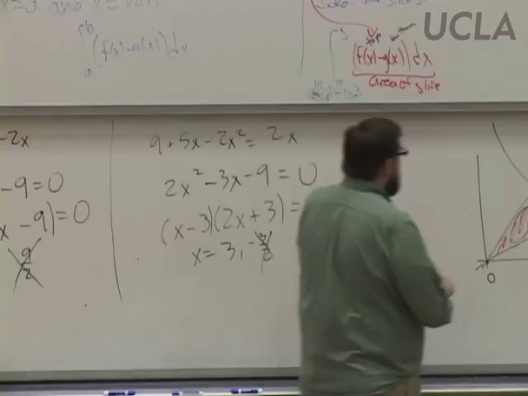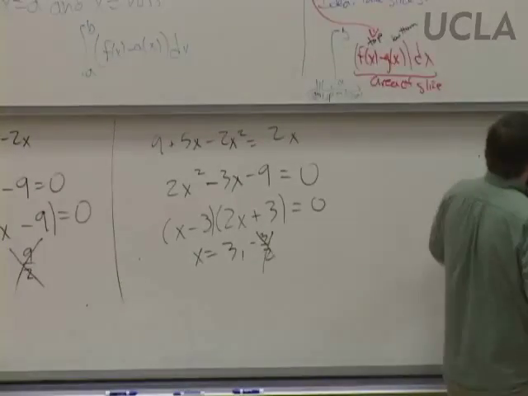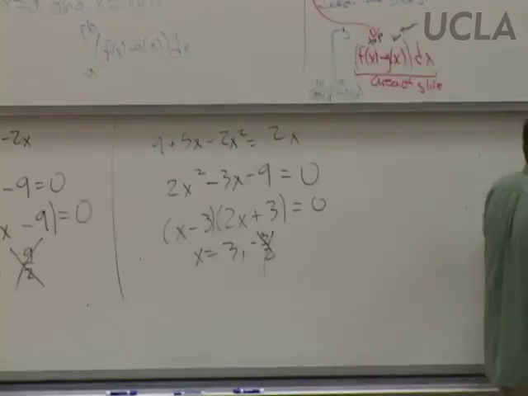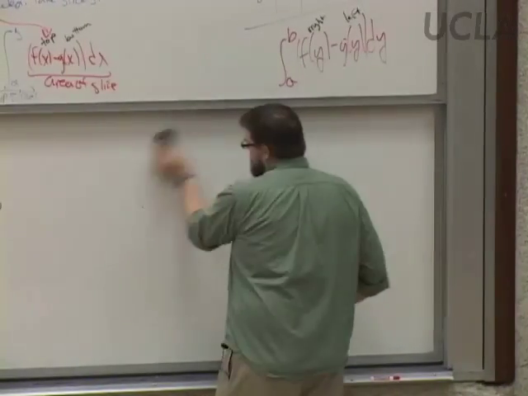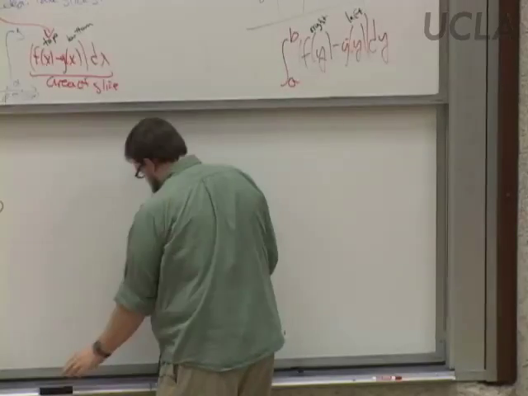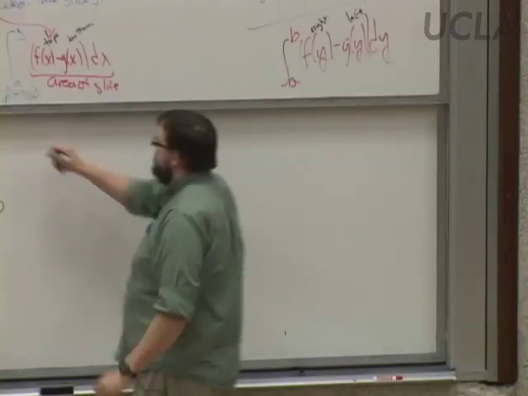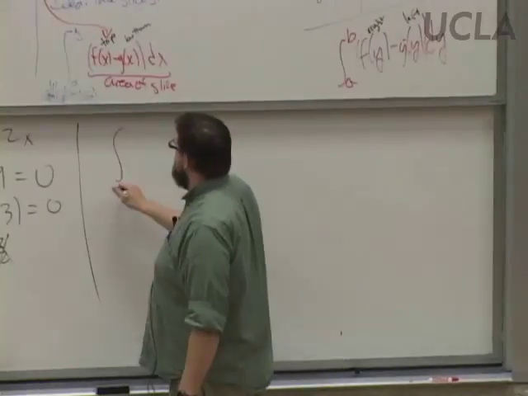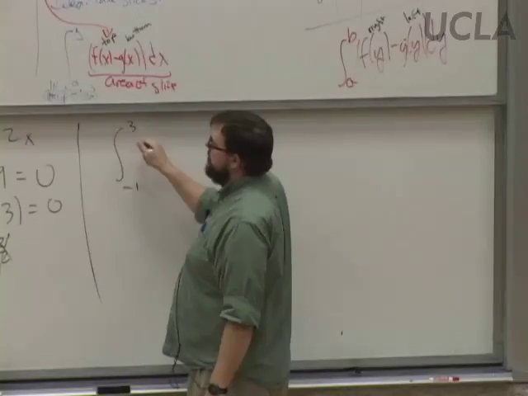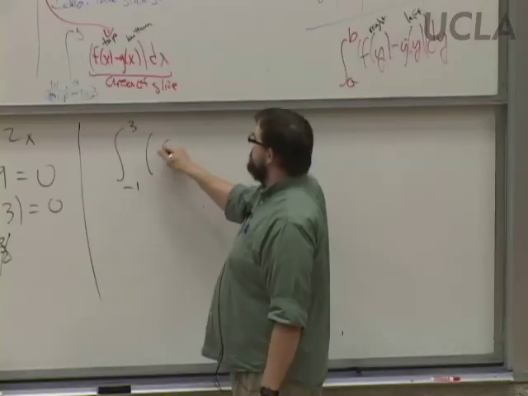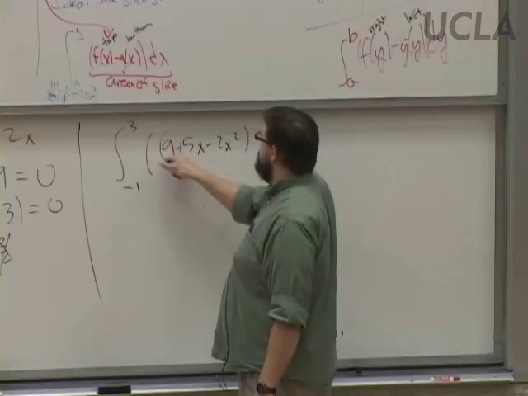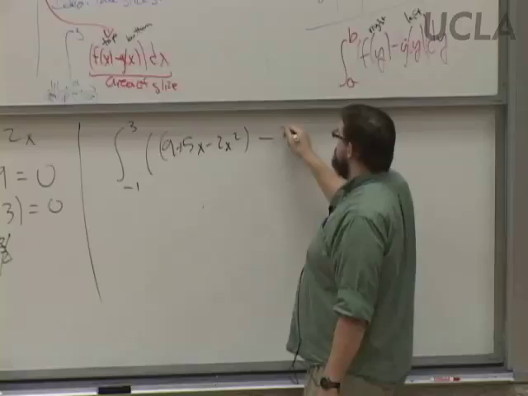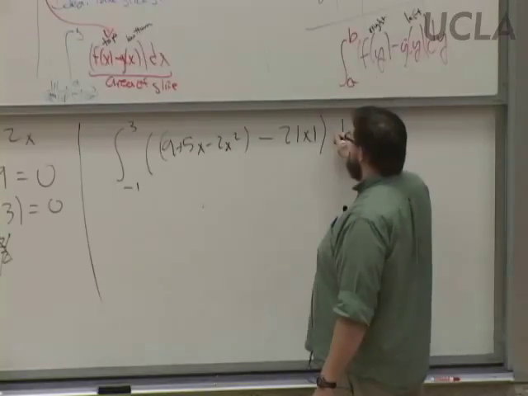Now I need to find the area. There's a couple ways to find the area. It really boils down to finding the integral from negative 1 to 3 of the top, which is 9 plus 5x minus 2x squared, minus the bottom, which is 2 absolute value of x, dx.